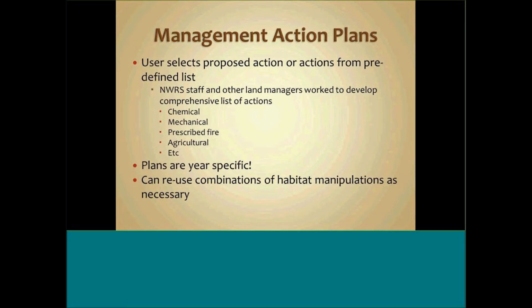We can go in and modify those if you find we've missed something that you use routinely in the field. But they're chemical actions, mechanical, prescribed fire, agricultural practices that you can select from. These are year-specific plans. You can report on plans after the end of the year, but you can't go back and create a plan after the fact. You can reuse these combinations of habitat manipulations in the future.